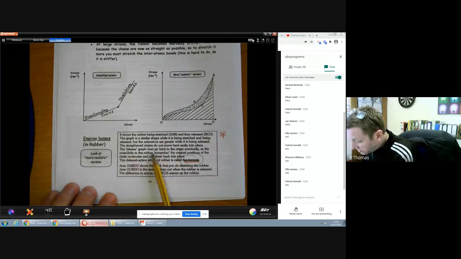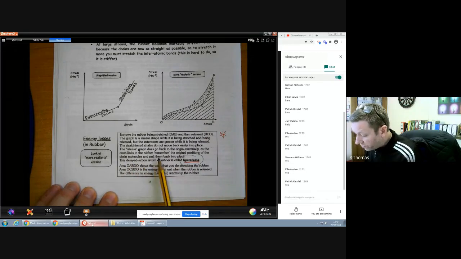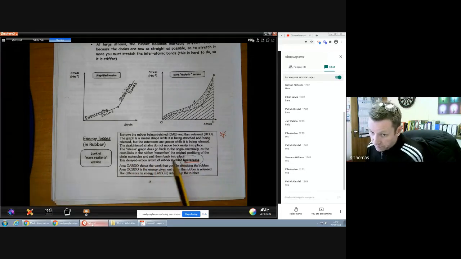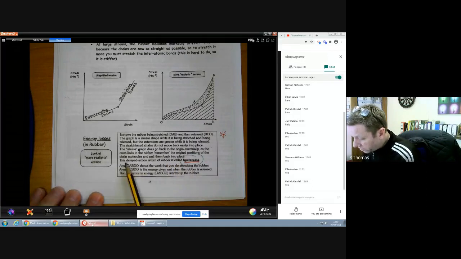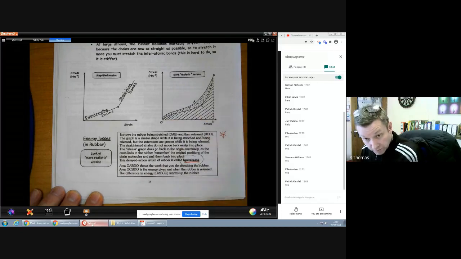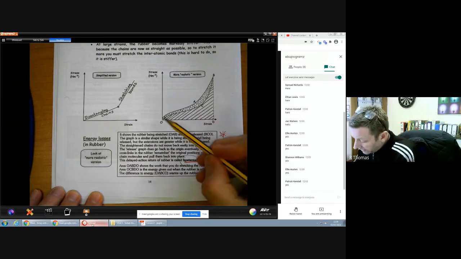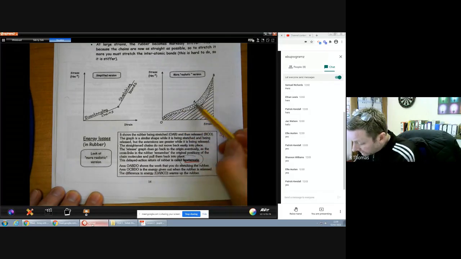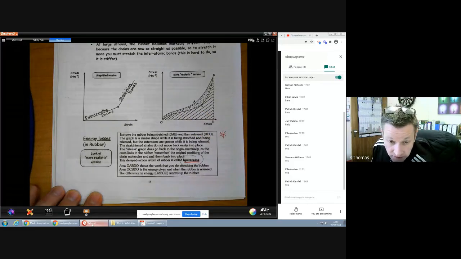However, the release graph does go back to the origin eventually, as the cross links in the rubber remember the original positions of the chain molecules and pull them back into place. This delayed action return of rubber is called hysteresis, and this graph here is called a hysteresis loop. And the gap between the two lines is the energy lost due to heat.